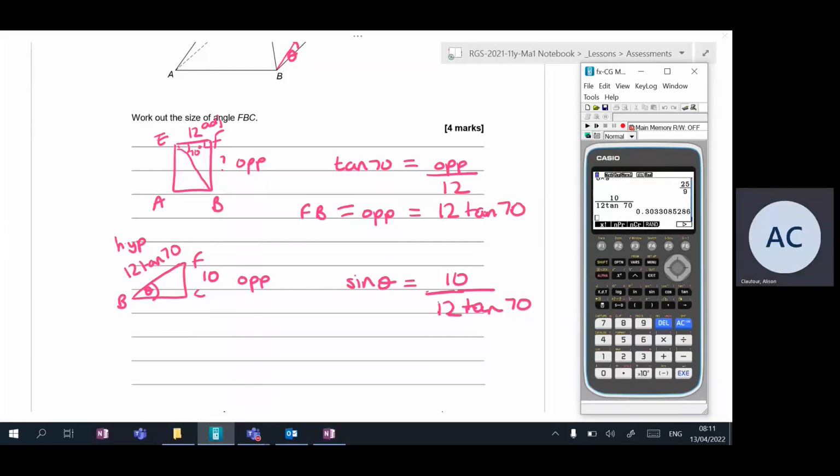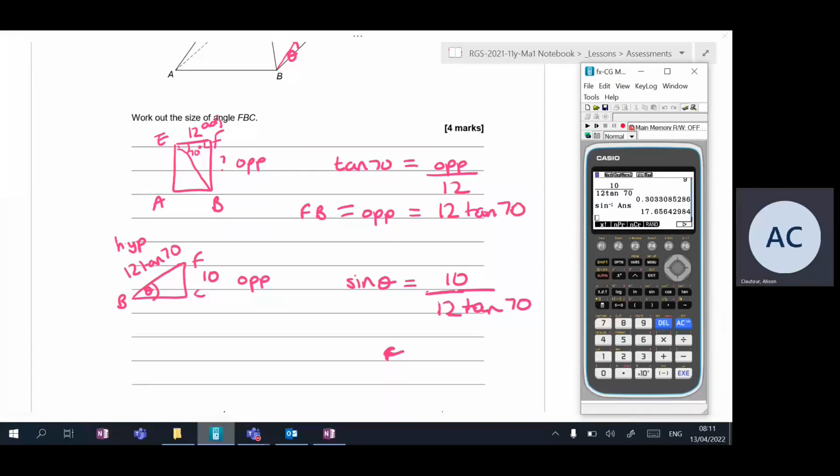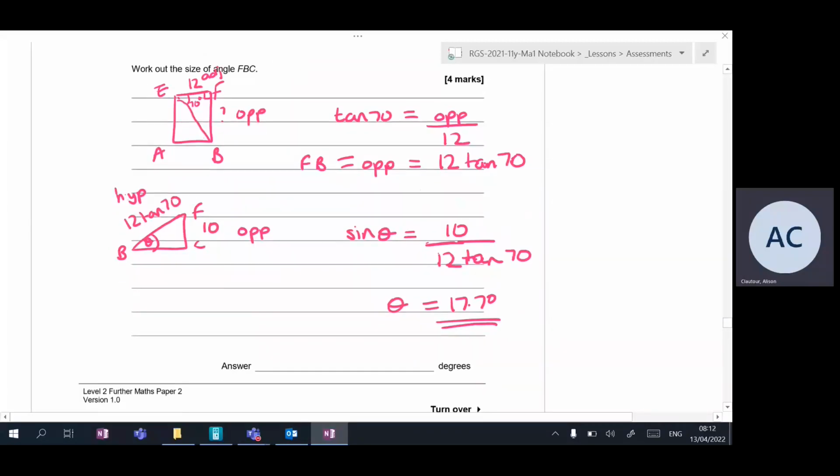Okay, so if I inverse sine that answer, I'm going to end up with my angle 17.7 to 3 significant figures. Okay, so always draw your triangles out in 2D to make it really clear about whether they're right angled or whether they are non-right angled.